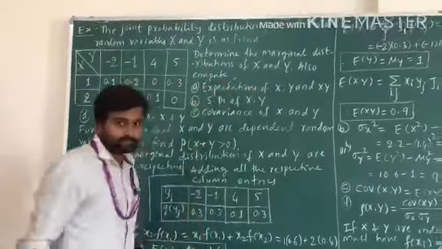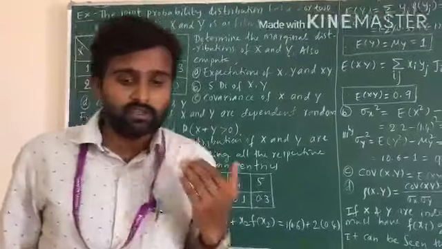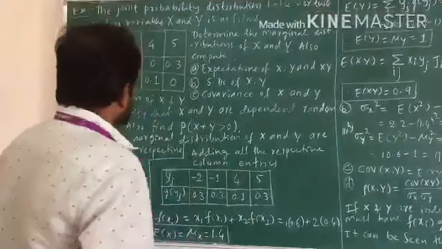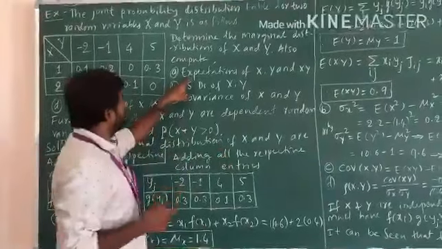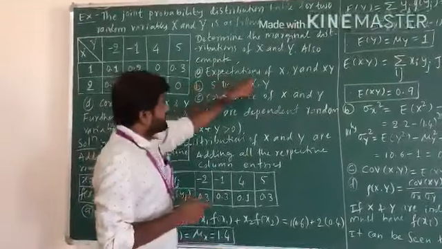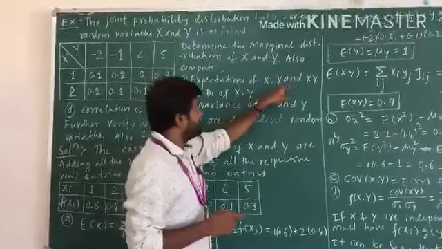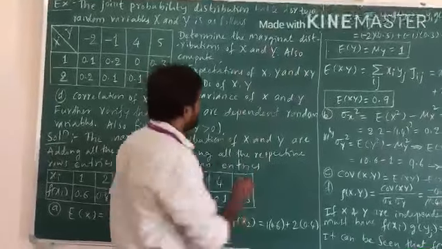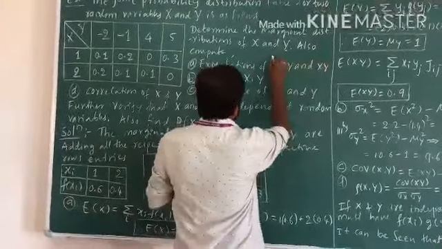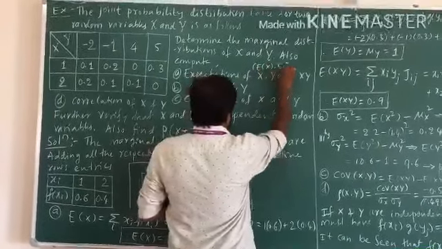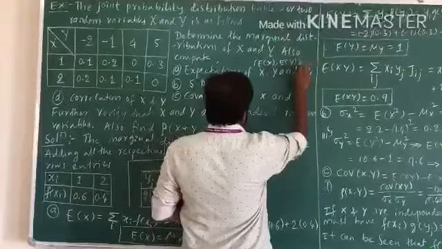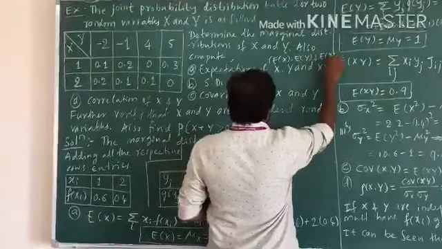Also, after computing the marginal distribution, we need to compute, as we did yesterday, the expectation of x, y and xy, nothing but E of x, E of y and E of xy.